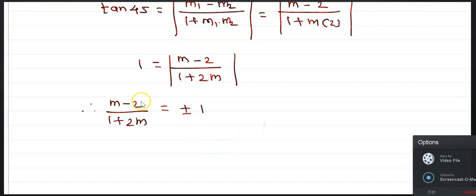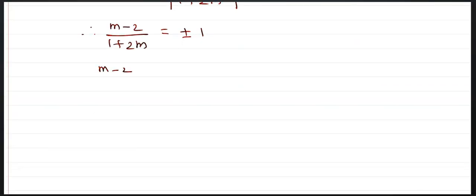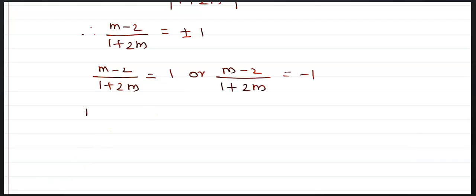Therefore, (m minus 2) upon (1 plus 2m) is equal to plus or minus 1. That is, (m minus 2) upon (1 plus 2m) is equal to 1, or (m minus 2) upon (1 plus 2m) is equal to minus 1.